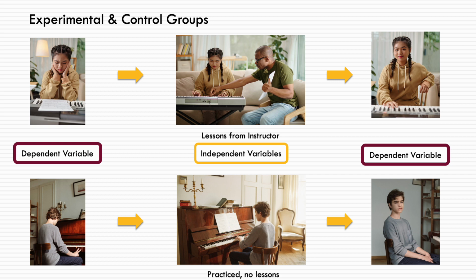And then we can see from those outcomes that possibly that independent variable that we introduced with the experimental group, our top group, had a different effect than the group that was the control group and didn't have that independent variable. So that's the difference between experimental and control groups, and having something to compare to see if there's actually a difference.